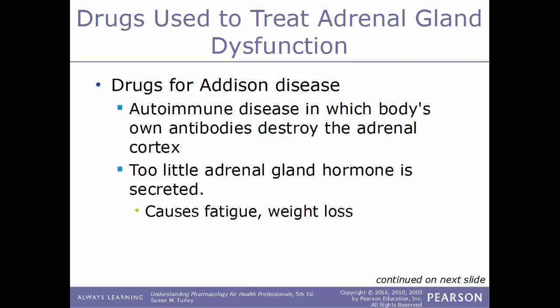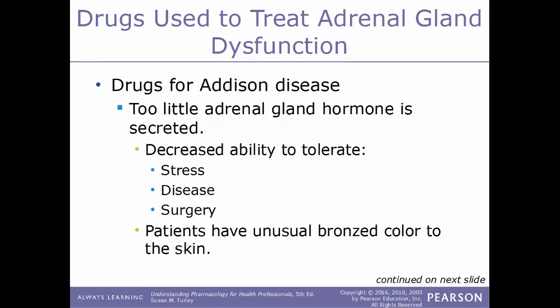Another condition of the adrenal glands is Addison's disease. This is an autoimmune condition in which the body's own antibodies will destroy the adrenal cortex. You also will have too little adrenal gland hormone being secreted. This will lead to chronic fatigue and weight loss. And when there's too little adrenal gland hormone being secreted, this will decrease your ability to tolerate stress, disease, or surgery, for example.